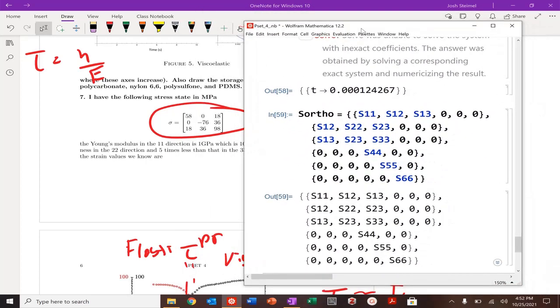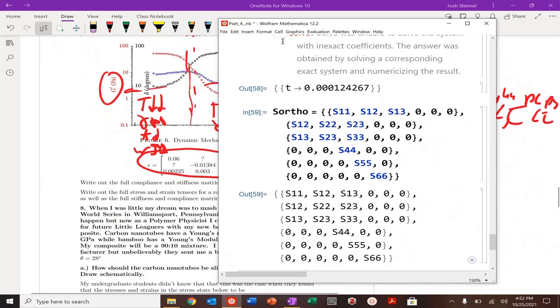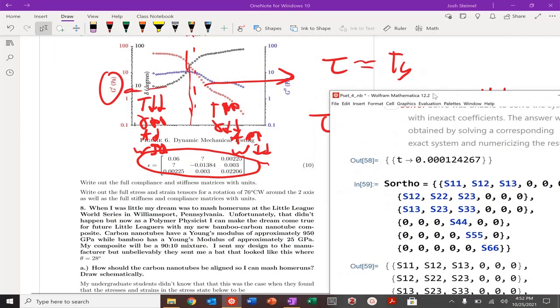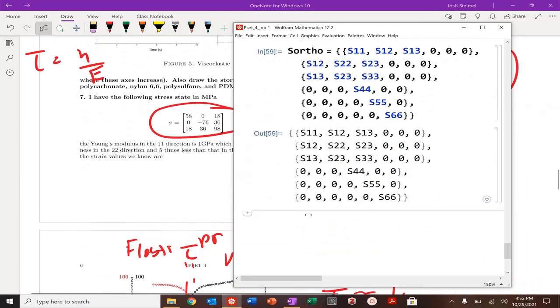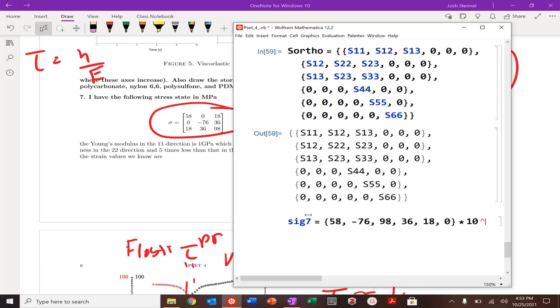So I'm given that, I'm given the stress and strain values, and I'm asked to write it for these rotations as well. So let's go ahead and write out that my sigma 7 is equal to 58, minus 76, 98. Then 2, 3, which is 36, then 1, 3, which is 18, and then this is the 0, times 10 to the 6.